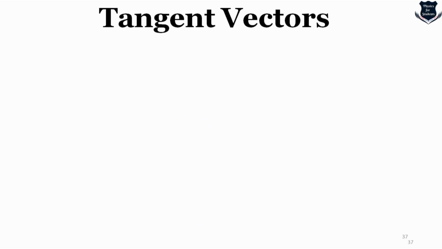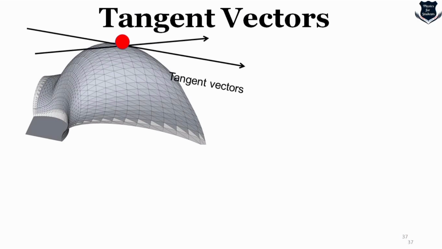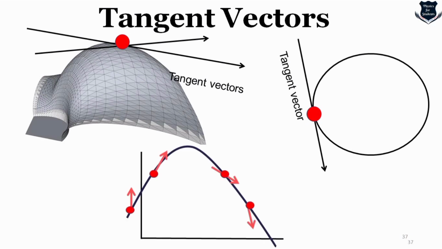Okay, first let us understand what is a tangent vector. Now, in mathematics, a tangent vector is a vector that is tangent to a curved surface. Given this kind of curved surface and this particular red dot, how are we going to calculate the curve? We are going to take the tangents, just like this. Given another, if this kind of a circle, we take this tangent vector, and further we take this kind of a tangent.